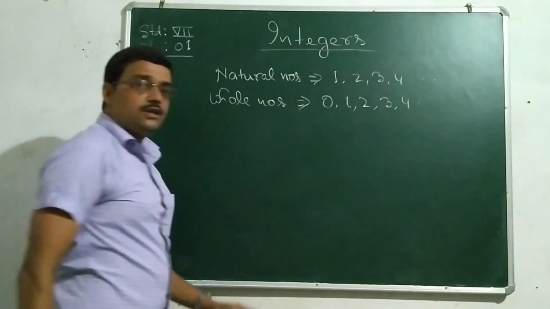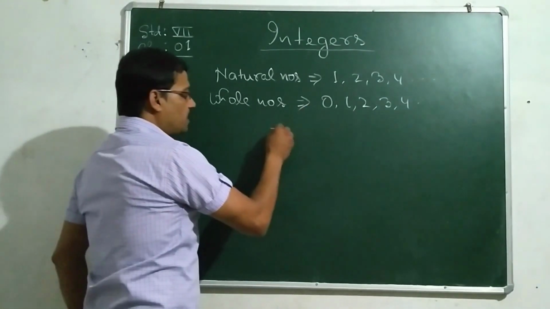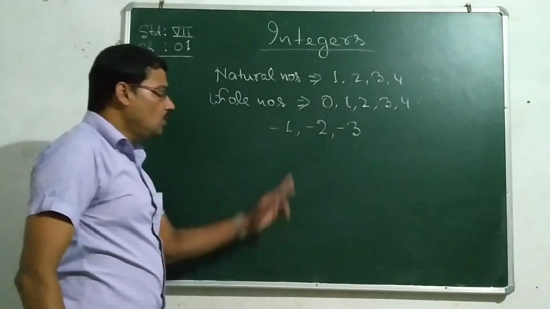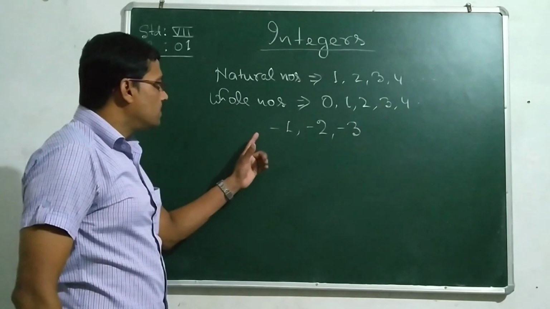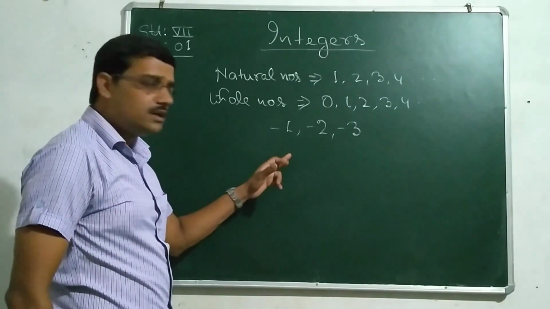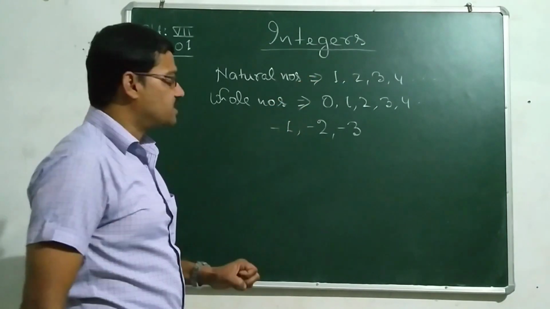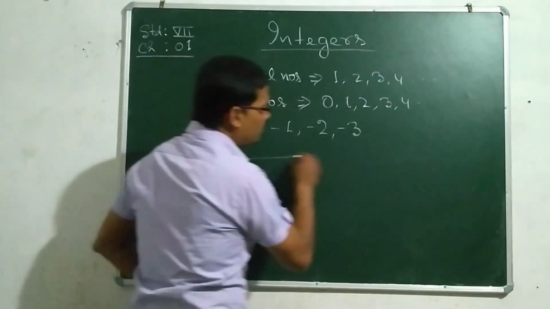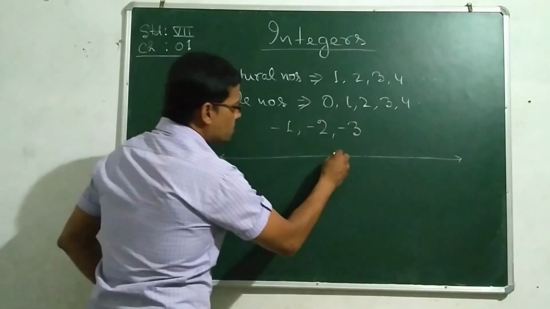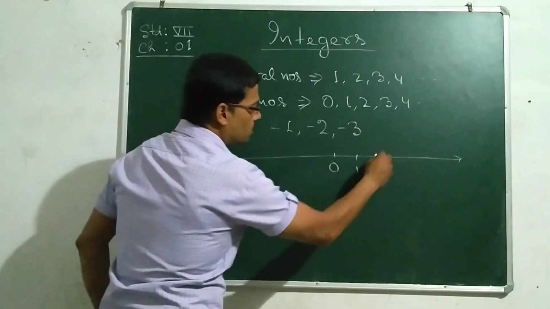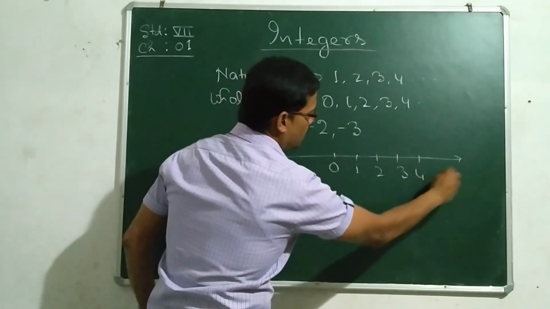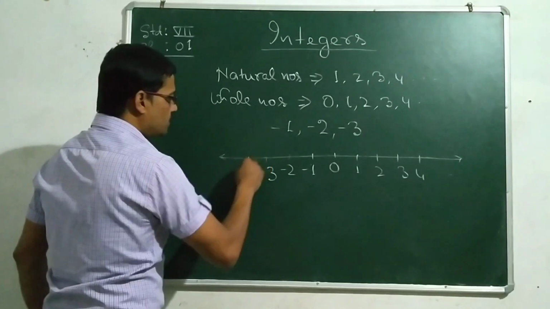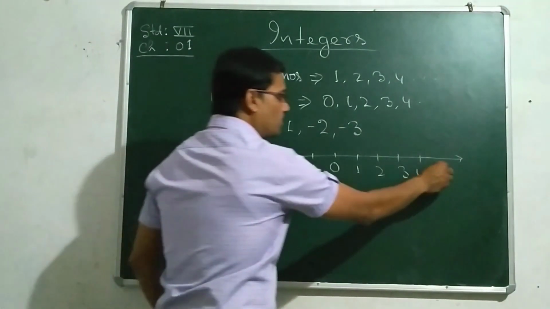If you are given numbers like -1, -2, -3, of course you know all of them are negative numbers. If you include all these sets, let us prepare one number line with that set. That would be convenient to you to understand. 0 will lie here, 1, 2, 3, 4 and so on, -1, -2, -3, -4 and so on up to infinity.